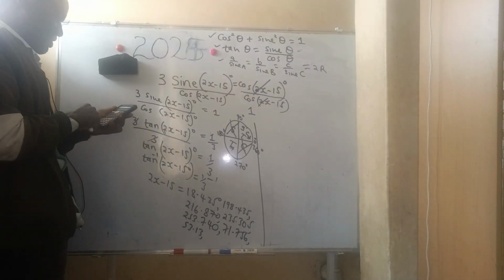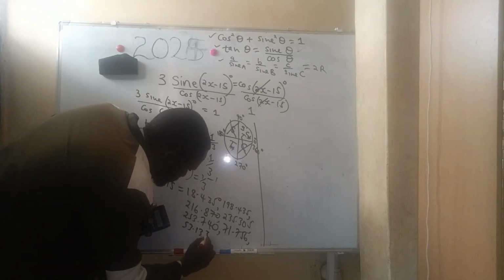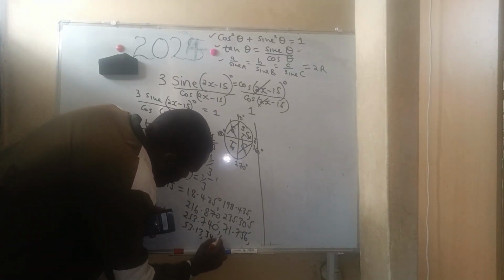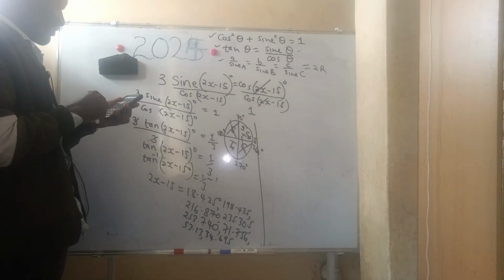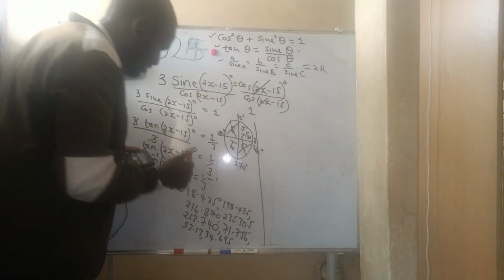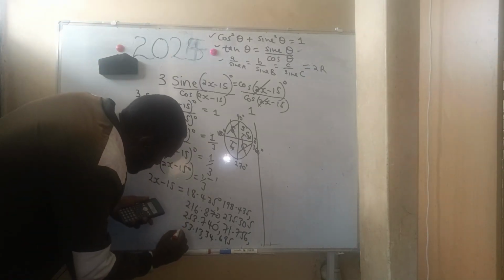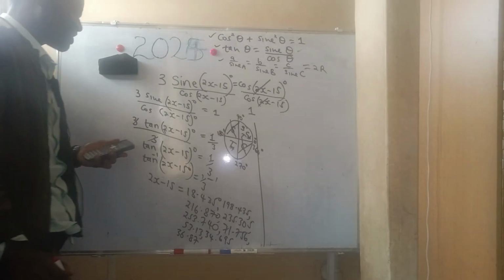And minus 18.435 gives us 34.695. Then 18.435 times 2 gives 36.87. So those are just the possible angles you can get in terms of this working.